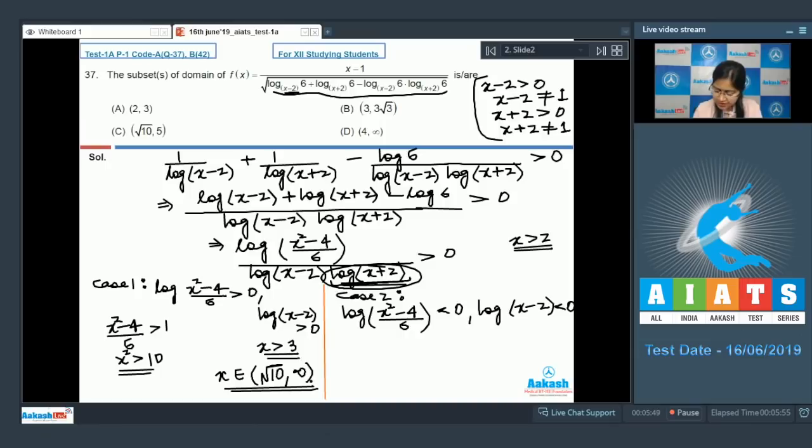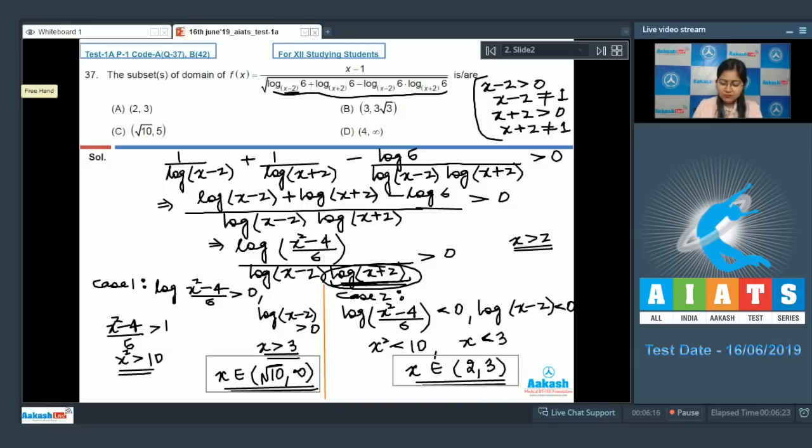So this is the first case, and from case number 2 we will get x square is less than 10, and from here we will get x is less than 3. So from these two we will get that x will go from, see we also have that x is greater than 2, so from here we will have 2 to 3. So this is the final solution that we get from case 1 and case 2, right?